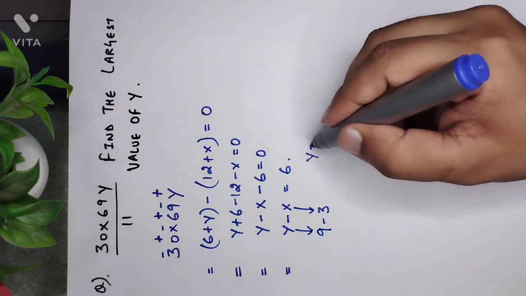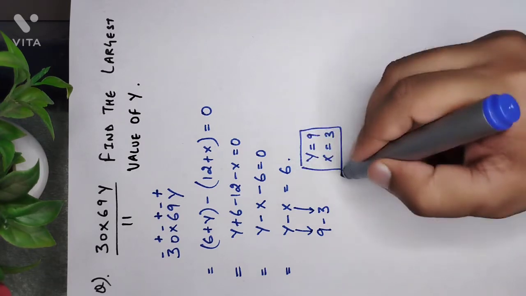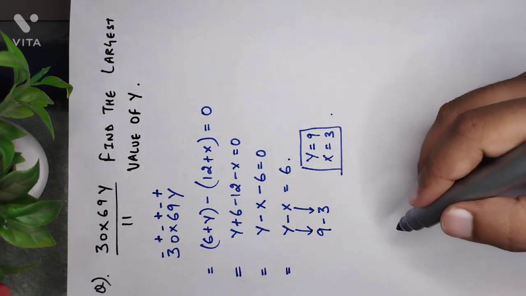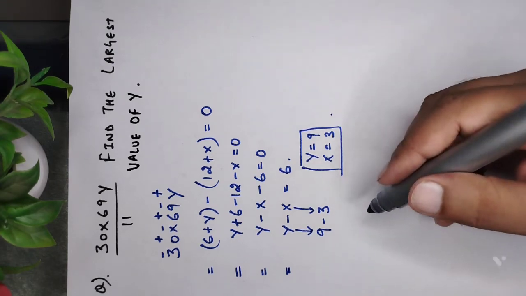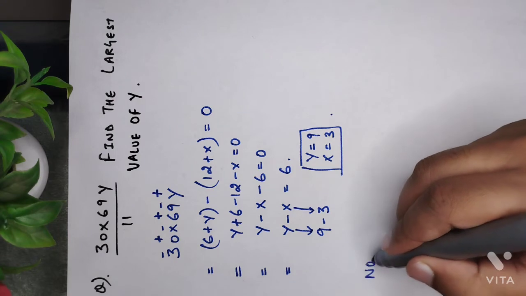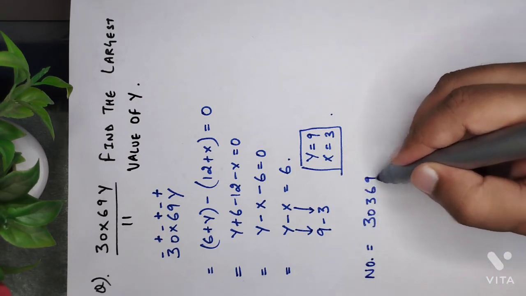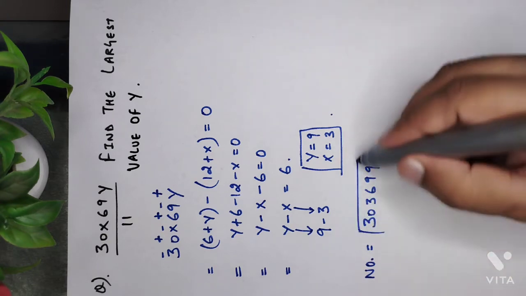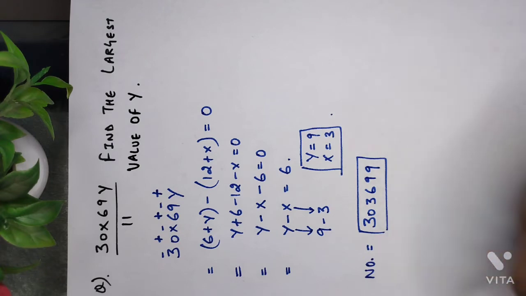So we can say y will be equal to 9 and x will be equal to 3. So these are the possible values of x and y. And if we have to find the number that is exactly divisible by 11, the number is 303699. So we can say that this number is exactly divisible by 11.